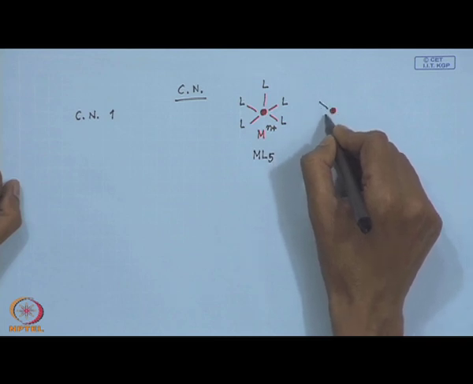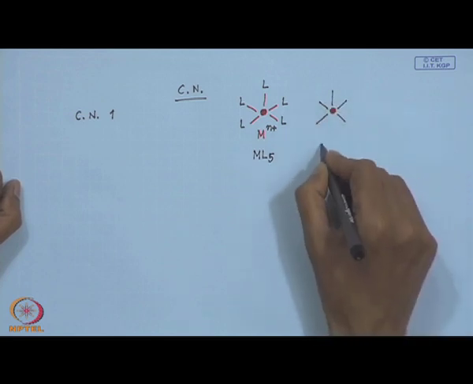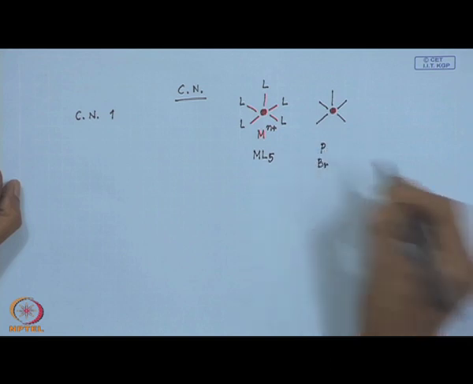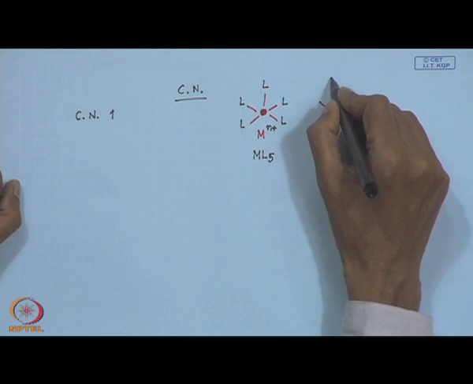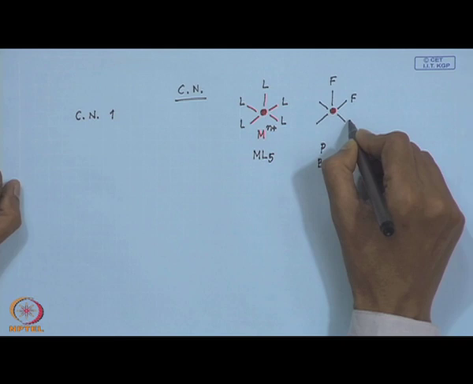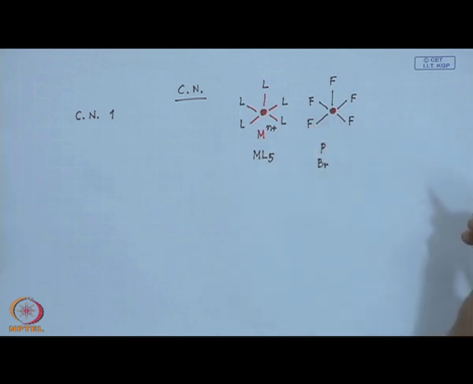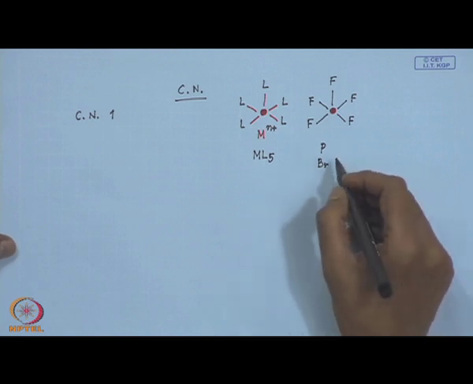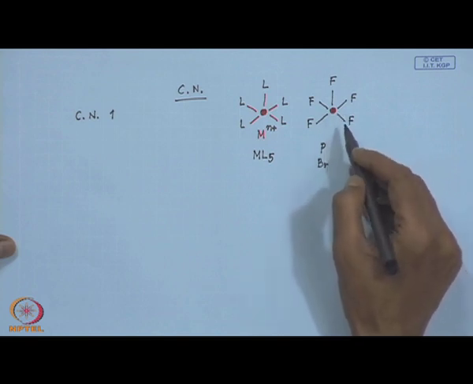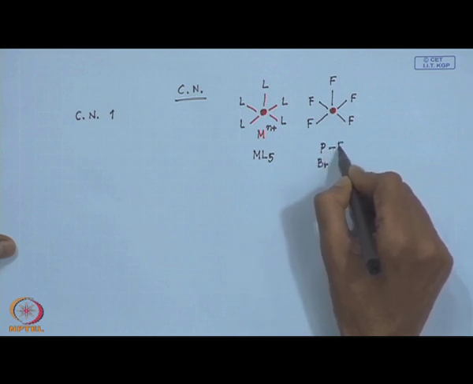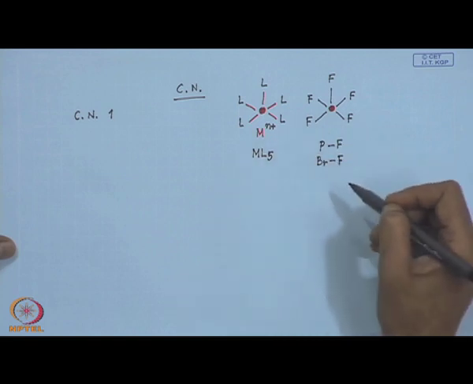In the same way, if we consider a non-metal center, it can be phosphorus, it can be bromine, or some other non-metal center. And in that case also, if the ligands are the fluorine atom, it is very similar to the metal complex, where a particular center is surrounded in a typical geometry, where we can have the phosphorus-fluorine bond or the Br-F bond, or in some other cases some bigger type of geometry.